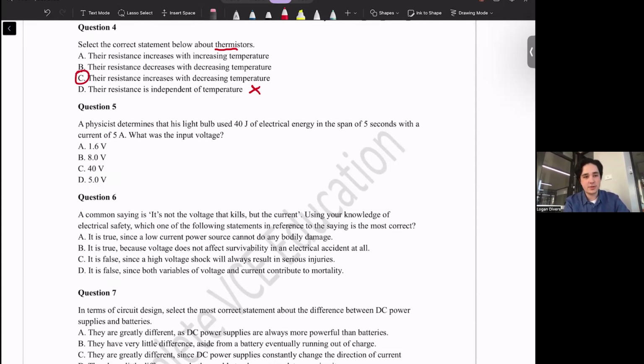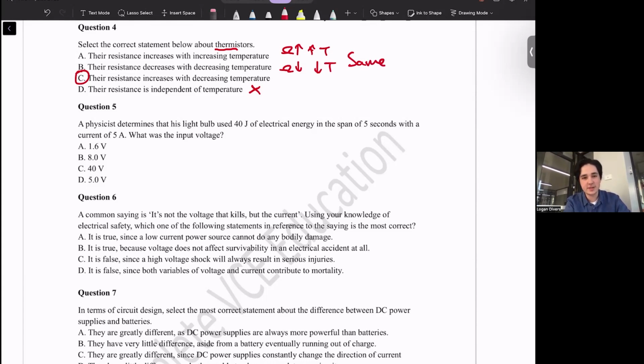However, another way you can approach this question is that A says that the resistance goes up with an increase in temperature, so ohms go up with temperature going up. And B says that ohms go down with temperature going down. Except these are the same.